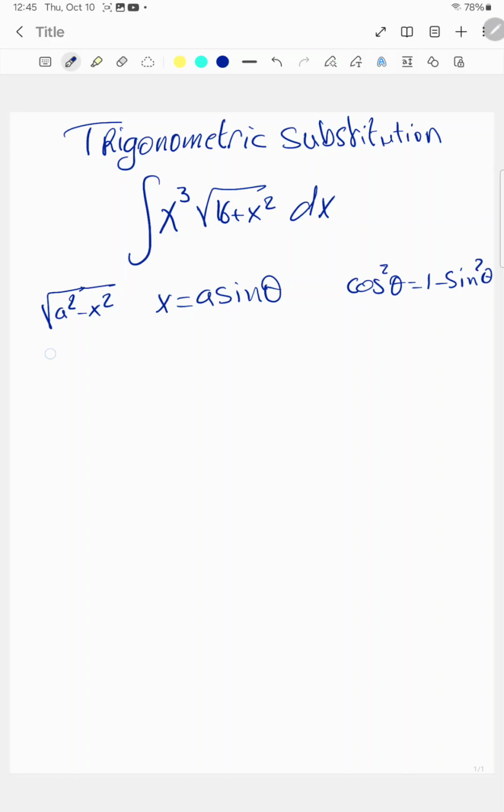That is a trigonometric identity formula. And if we have square root of a squared plus x squared, we take x equal a tan of theta, and we use the trigonometric identity formula: sec squared of theta is equal to 1 plus tan squared of theta.